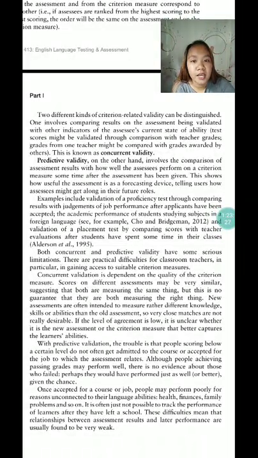Two different kinds of criterion-related validity can be distinguished. One involves comparing results on the assessment being validated with other indicators of the assessee's current state of ability. Test scores might be validated through comparison with teachers' grades, or grades from one teacher might be compared with grades awarded by others. This is known as concurrent validity.